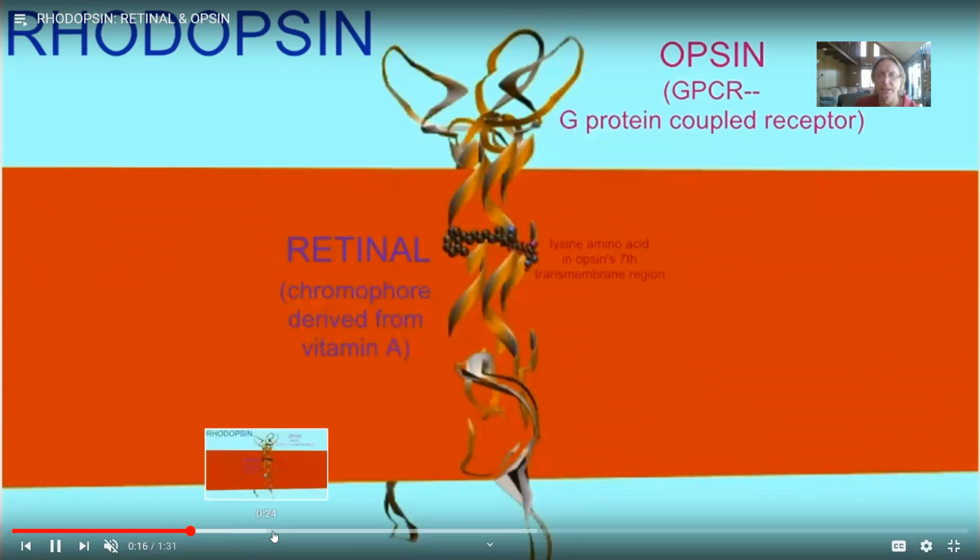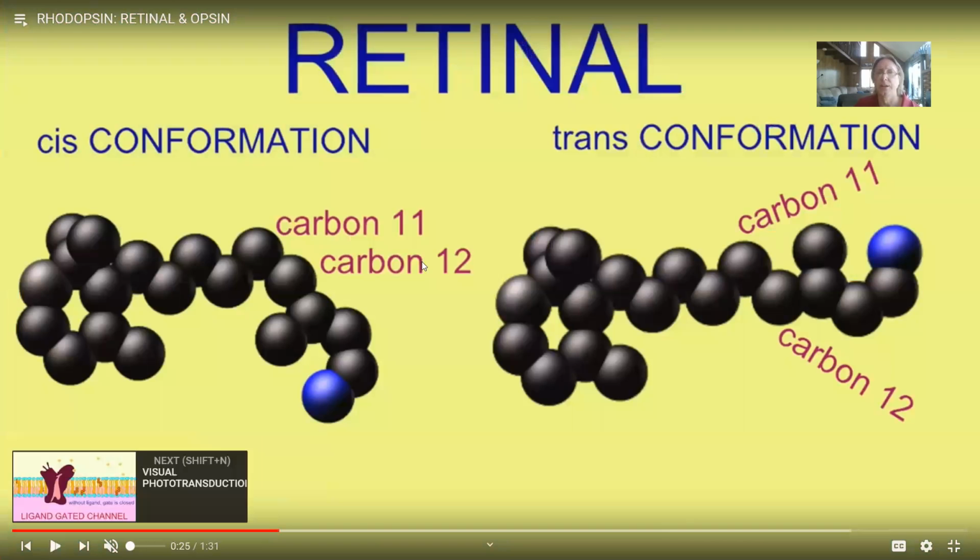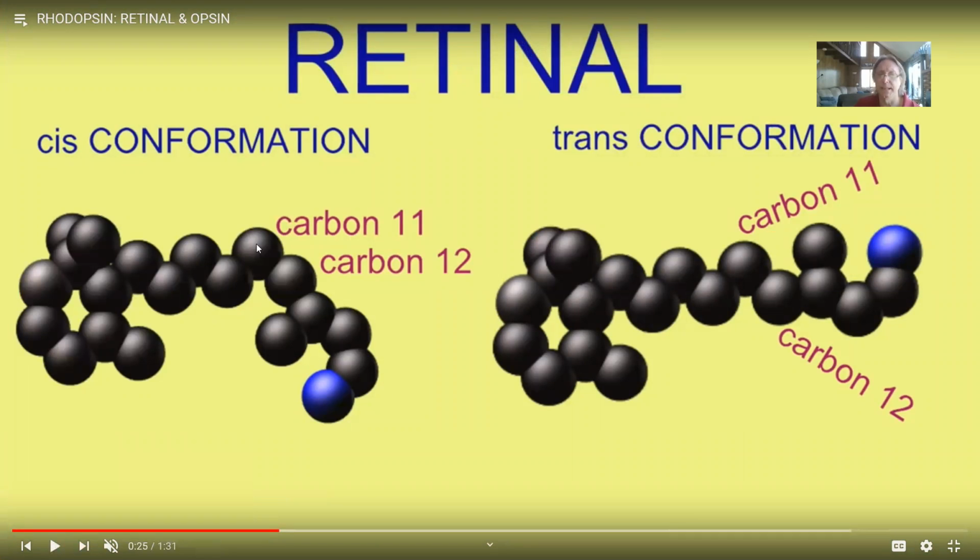But then when it straightens, then it dissociates from rhodopsin. So this retinol has two forms, a cis form, all right, because of this double bond between carbons 11 and 12, or this could then change into the trans conformation here, that's straighter. The cis form can stick to opsin, all right, the trans form doesn't, and it'll stick to something else, as we'll see.